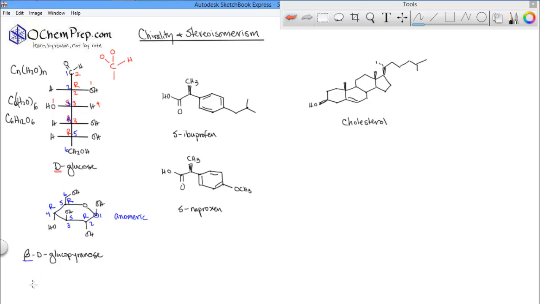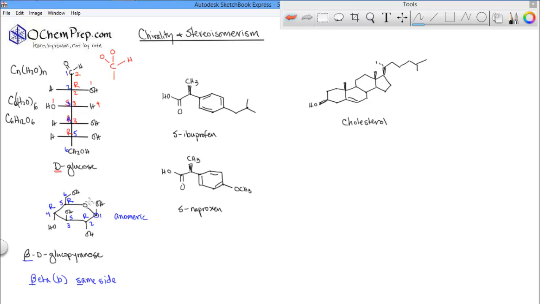So beta starts with a B, which is a consonant, and same side starts with an S, which is also a consonant, and that will help me remember that beta is same side. If you think up and down, you're going to get it wrong. So the alpha will have this one down.